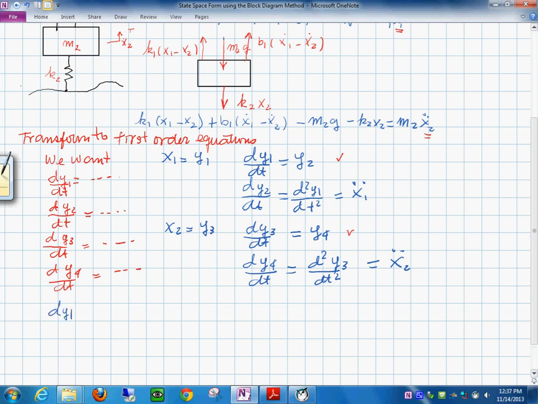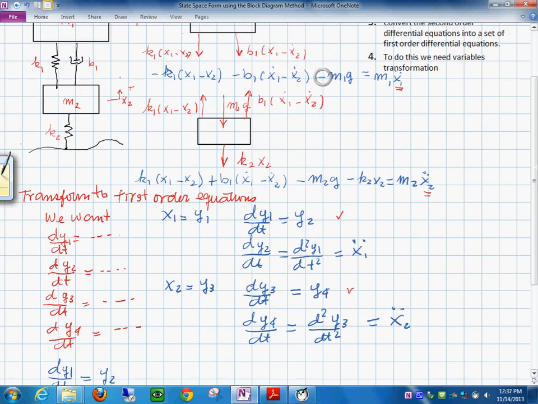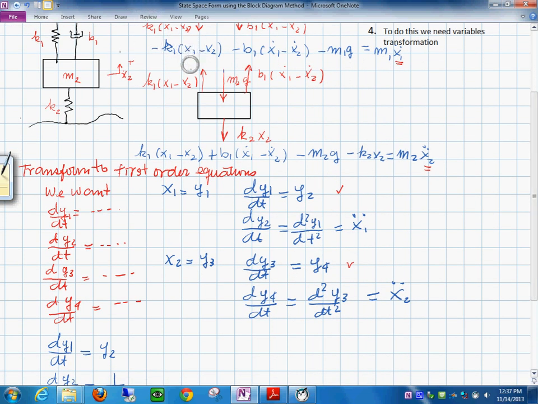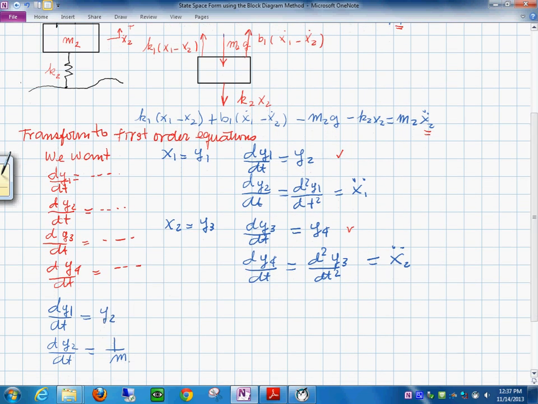So this dy1 dt is equal to y sub 2, and that dy sub 2 dt is equal to 1 over m1, this is x1 dot, 1 over k, you know, here's this term, 1 over m1 that multiplies this, that says k times x1 minus x sub 2.